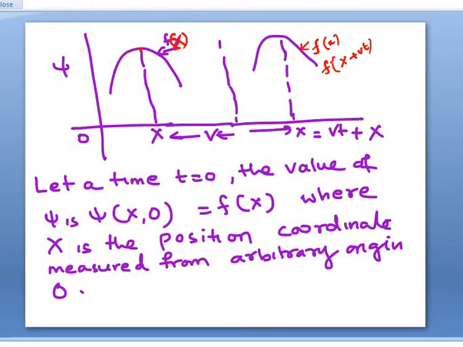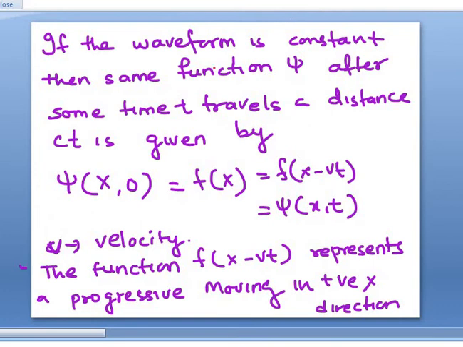Or we can write it in another way. Since the wave function is constant and the same function psi, after time t it travels a distance vt, so psi(X, 0) is equal to f(X), which is equal to f(x minus vt).